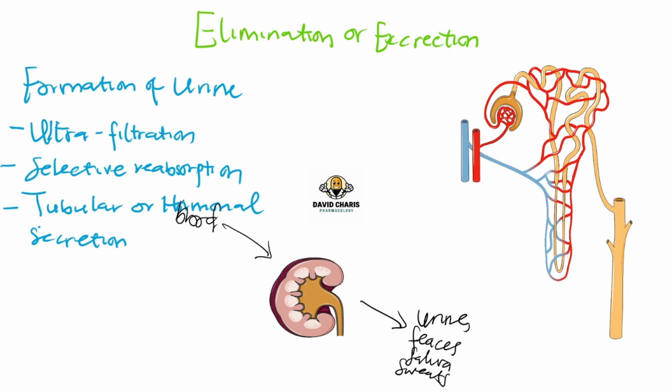Now, the formation of urine follows these three processes, and drugs can be influenced in these three processes. You can check my video for further description. And of course, this is the nephron, which acts as filtering tubules which process drug elimination or drug excretion.